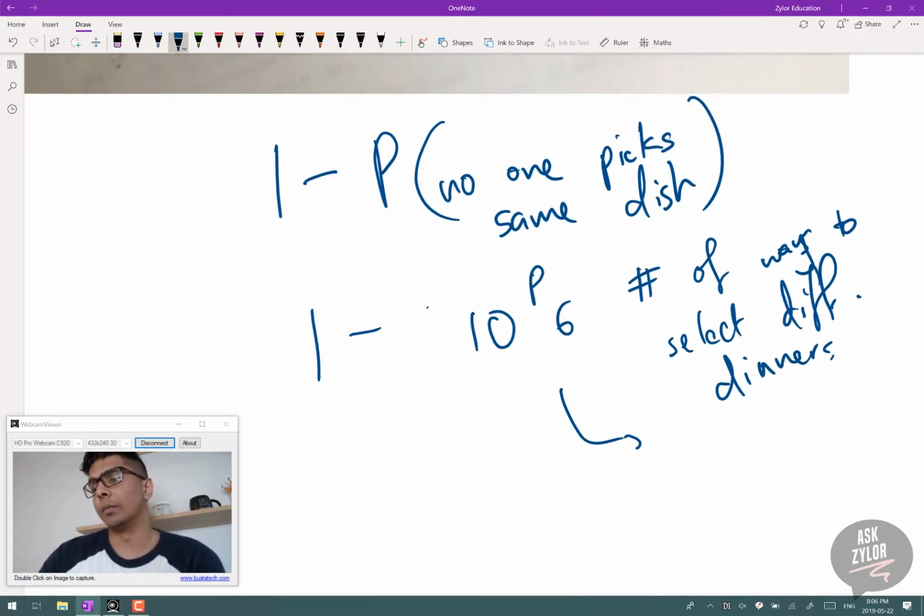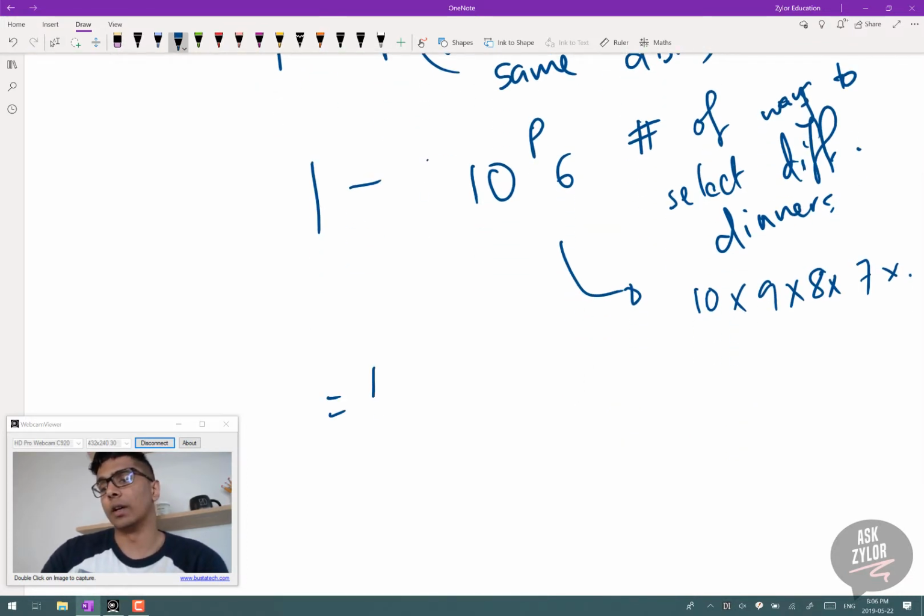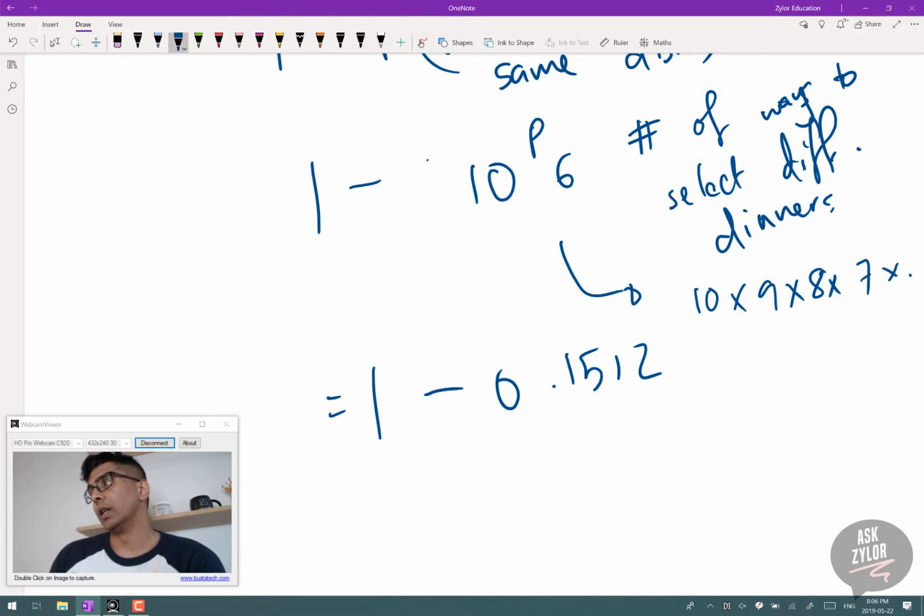This ends up being 10 times 9 times 8 times 7 times 6 until I get to 5, right? So if I plug it into the calculator, it ends up being around 0.1512, right? So that's the number of choices if they are able to select the same dinner, right?